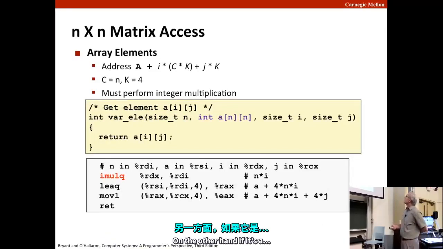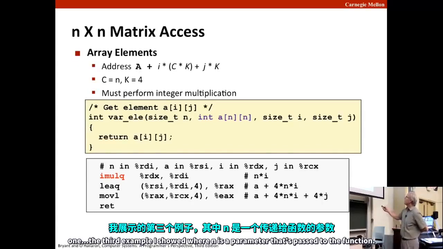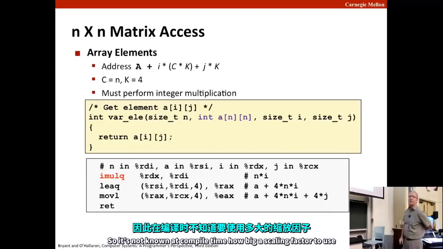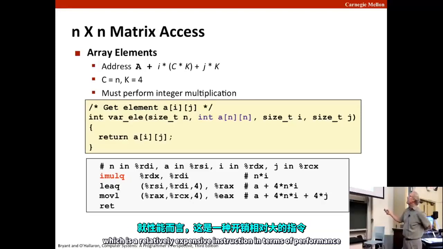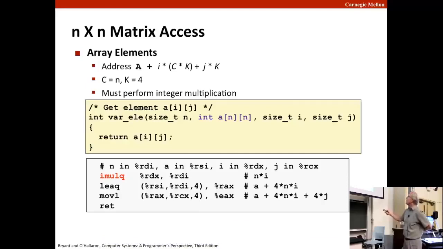On the other hand, in the third example I showed, where n is a parameter that's passed to the function, it's not known at compile time how big a scaling factor to use, so you'll see that it has to use a multiply instruction to do that, which is a relatively expensive instruction in terms of performance.